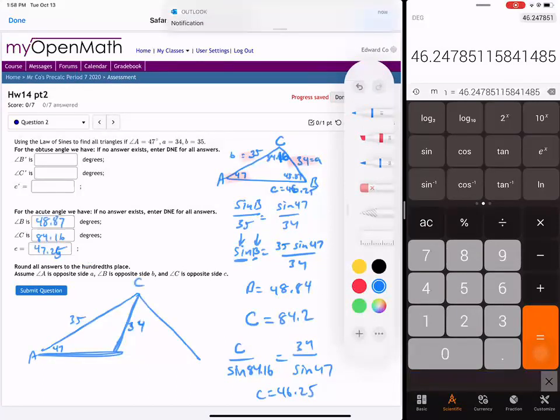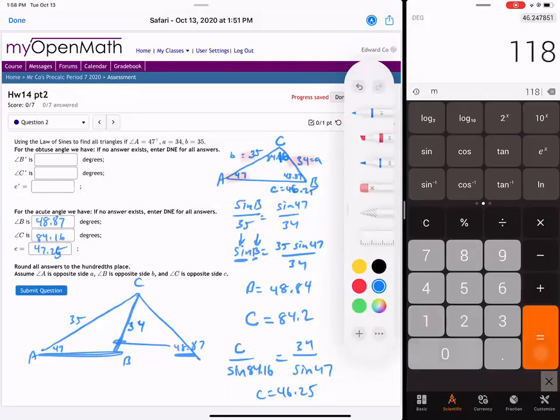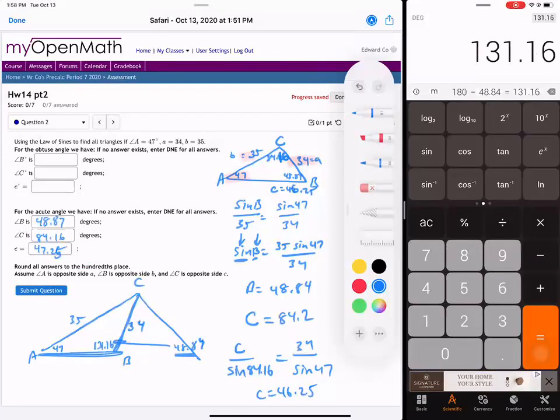A, C, and B. But now, since we knew this angle over here was 48.84, we subtract it from 180 degrees. 180 minus 48.84 becomes 131.16. Now that's an obtuse angle. That's pretty obtuse.